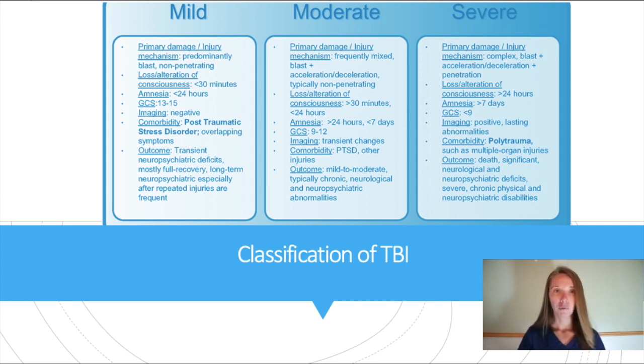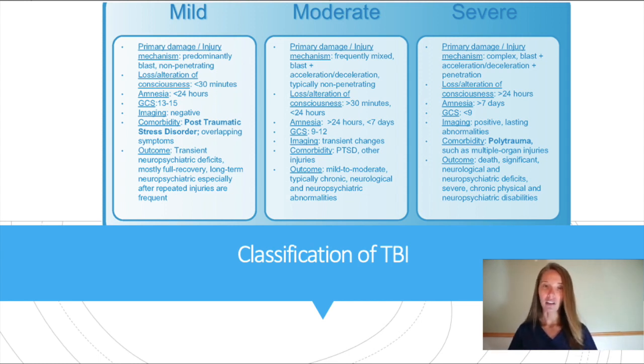When you have someone with a severe TBI, you have a very harmful traumatic event that occurs, some type of blast injury, penetration injuries, acceleration, deceleration injury. This patient usually is that patient that suffers the immediate coma.